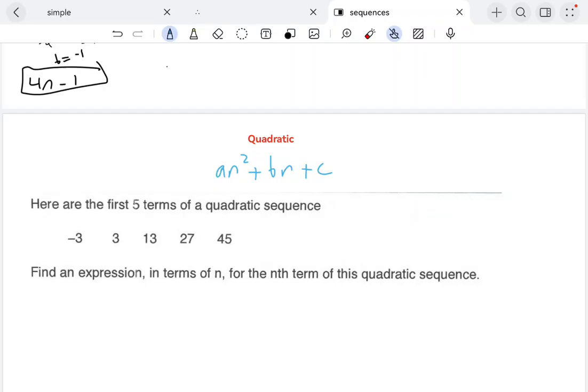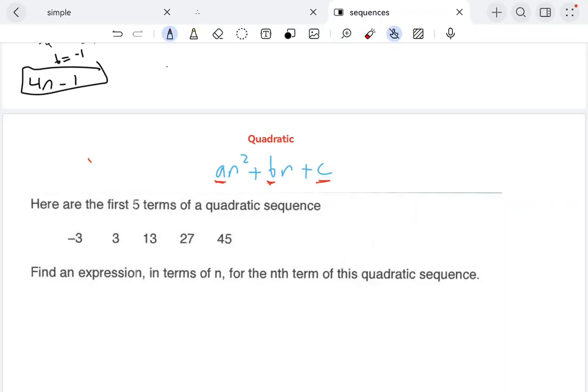And then maybe at the end, if there is time, we can show the other way, which many students find very easy as well. So I know that my equation could be in this form, an squared plus bn plus c. So I need to get how much is a, how much is b, how much is c. If I find them, that's going to be my nth term.